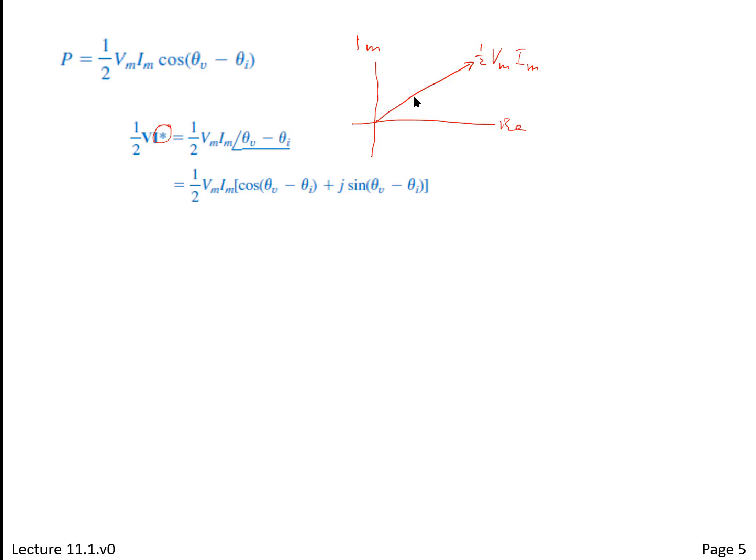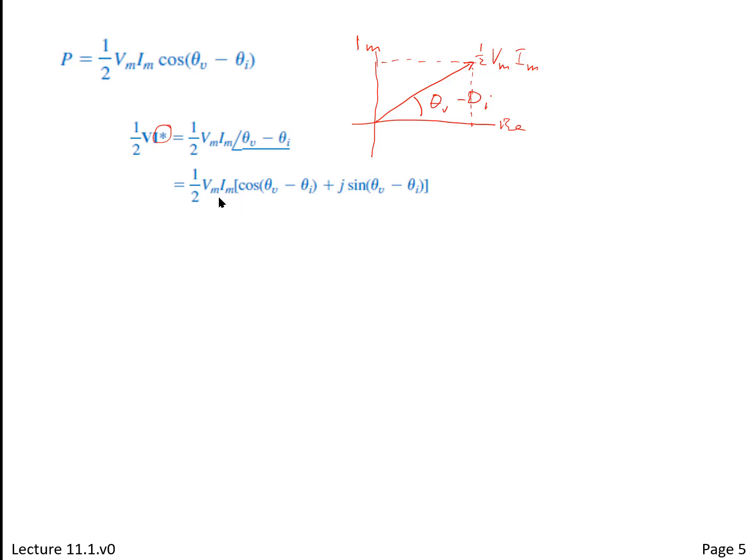This angle in here is theta V minus theta I. Okay? So what does this mean? If I do the projections down here and over to the imaginary axis, I can write this as a complex number. And that's all that's happened here.